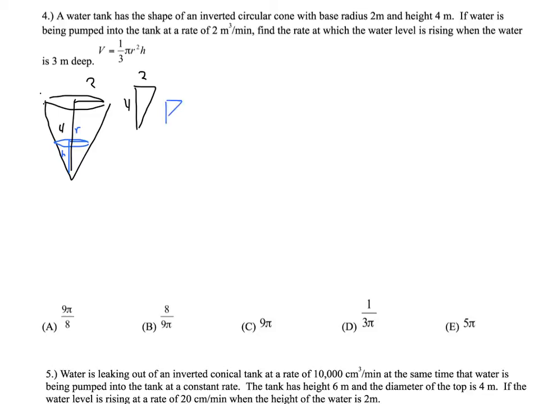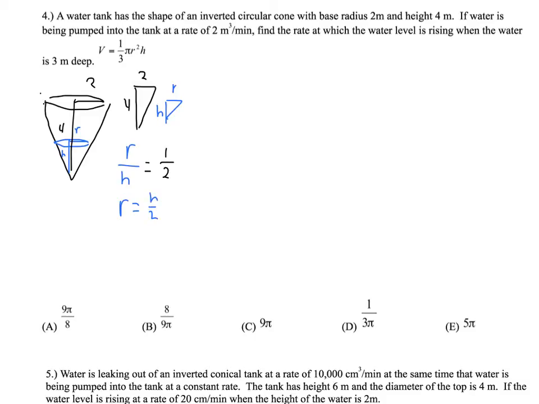The radius of the water is r and the height is h. So I can write a ratio that the radius of the water to the height of the water is proportional to the radius of the cone to the height of the cone. Now 2 over 4 reduces to 1/2. And then I can say that r is equal to h over 2.